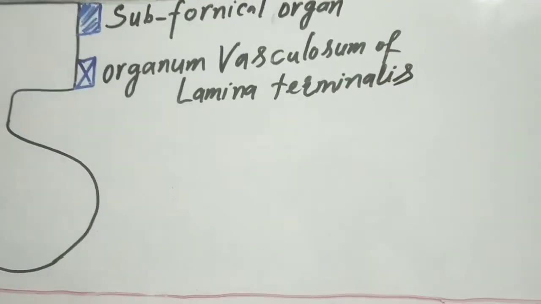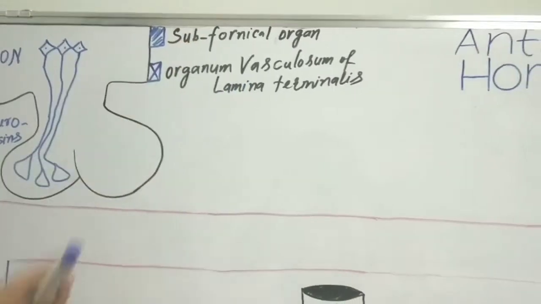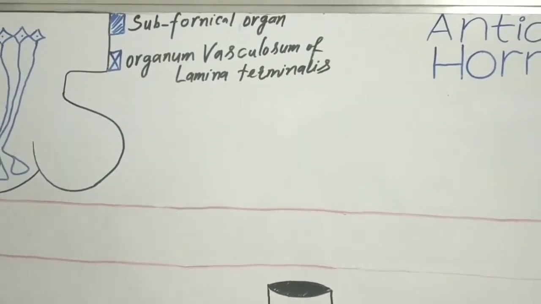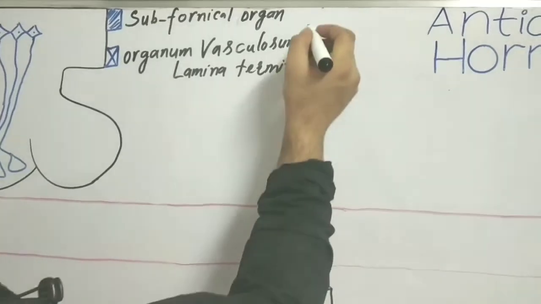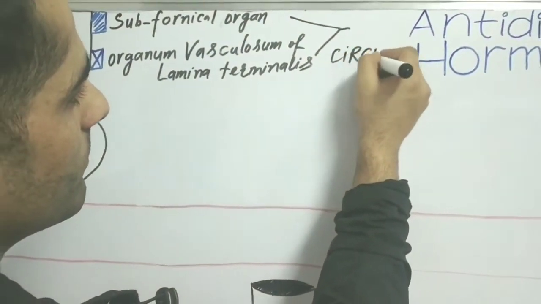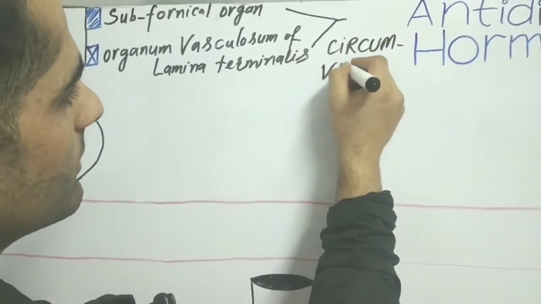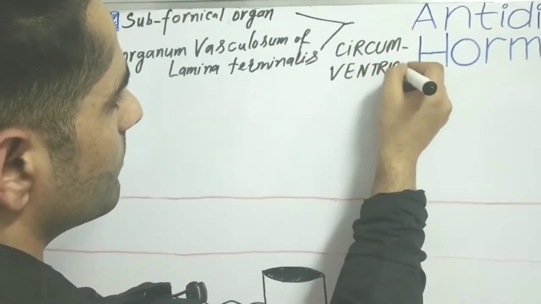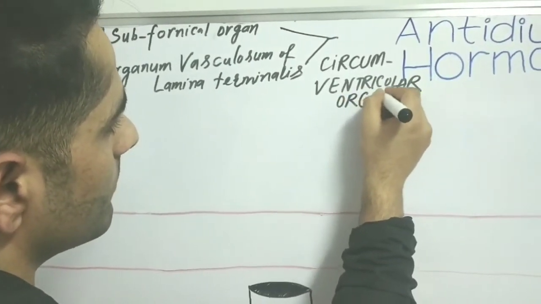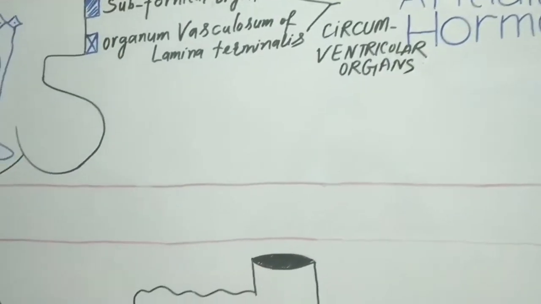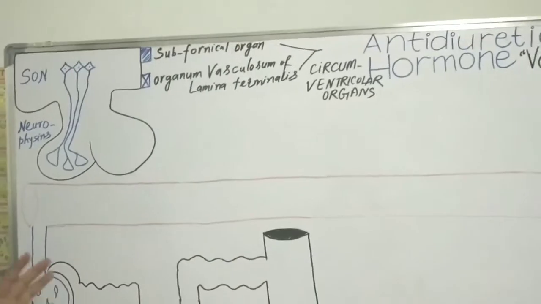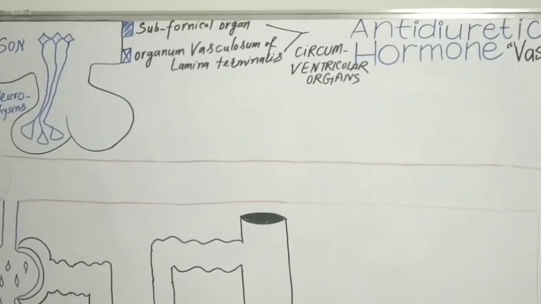Actually, these two structures are known as the circumventricular organs. Now, you need to remember, in the circumventricular organs, there are main receptors which are called osmoreceptors.